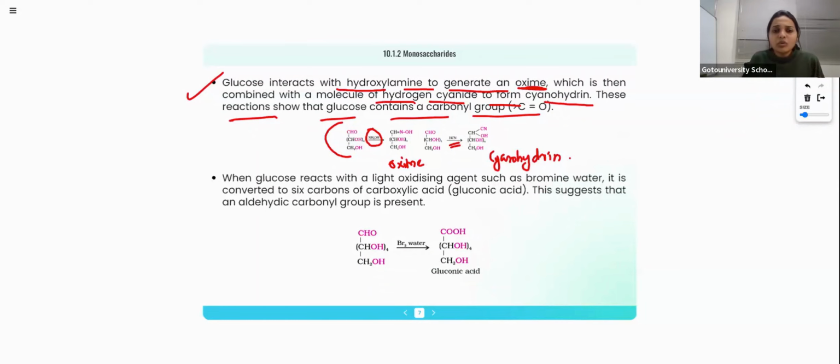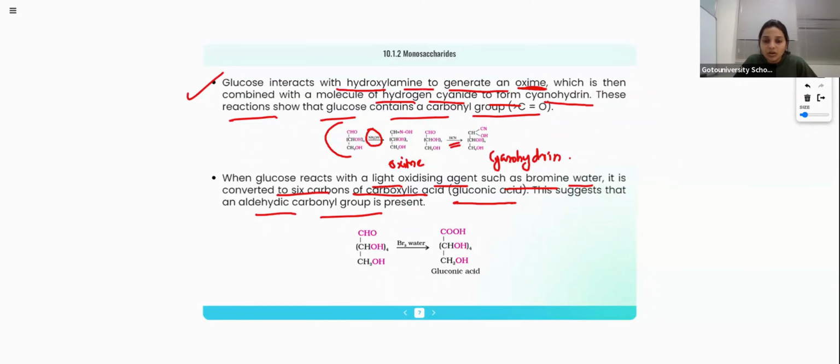When glucose reacts with mild oxidizing agents such as bromine water, it is converted to a 6 carbon carboxylic acid. That is called gluconic acid, not glutonic acid, gluconic acid. This suggests that an aldehyde carbonyl group is present. Got it? We got two proofs for the existence of carbonyl group, right?